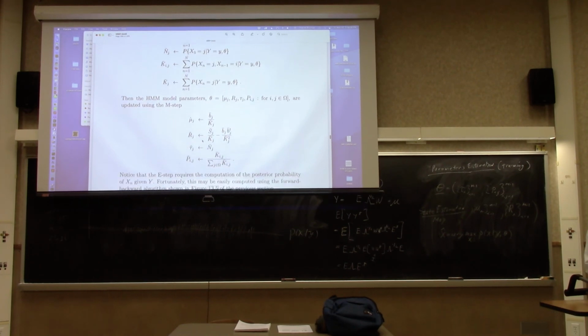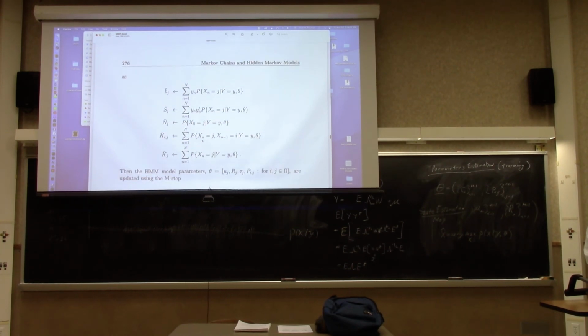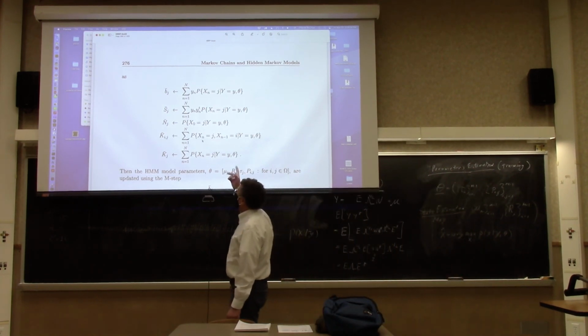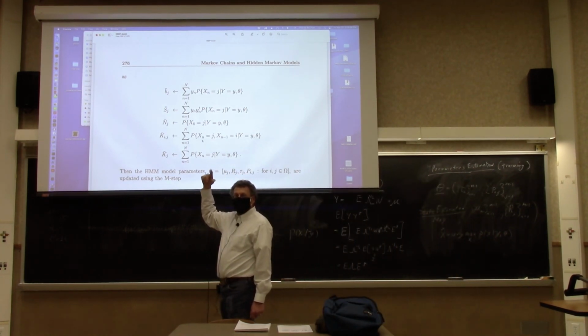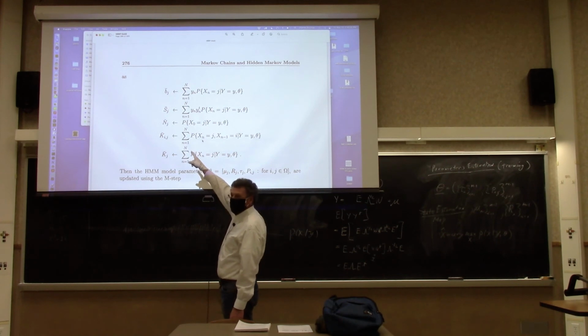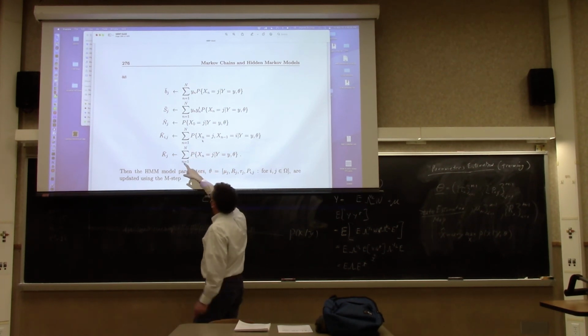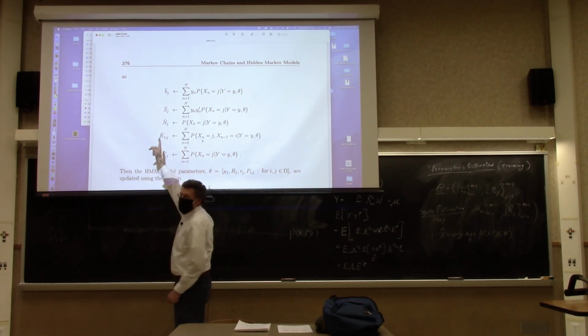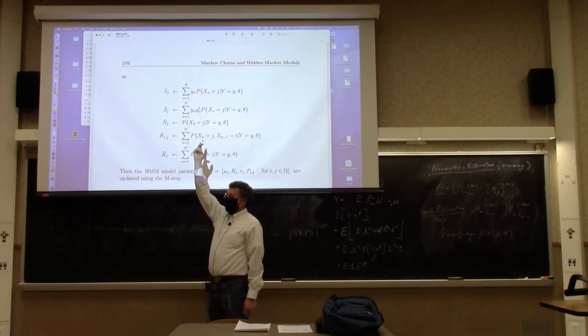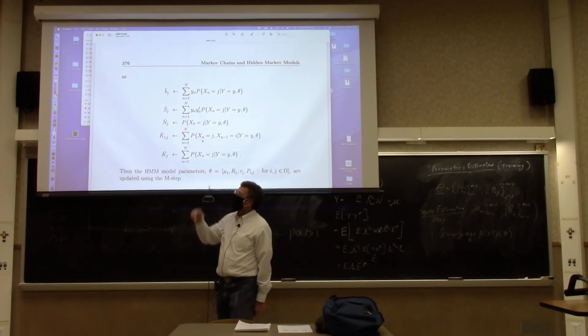So to do the EM algorithm for hidden Markov models, you use the forward-backward algorithm to compute the posterior distributions of the x's. You use those posterior distributions to compute the barred statistics. I didn't talk about the b's and the s's, but the b's and the s's are the same as we had before when we were doing estimation for the mixture of distributions, right?